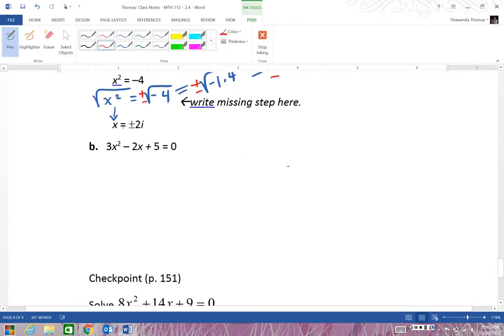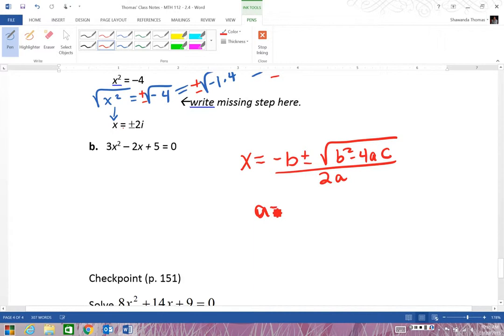So the quadratic formula is, say it with me, x equals negative b plus or minus square root b squared minus 4ac all over 2a, where a equals what in this case? a equals 3, b equals negative 2, and c equals 5. So let's plug that into our quadratic formula.